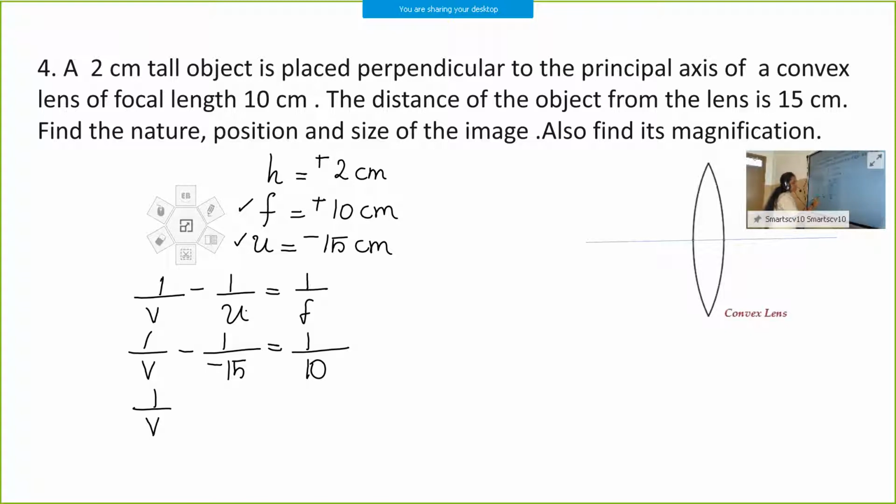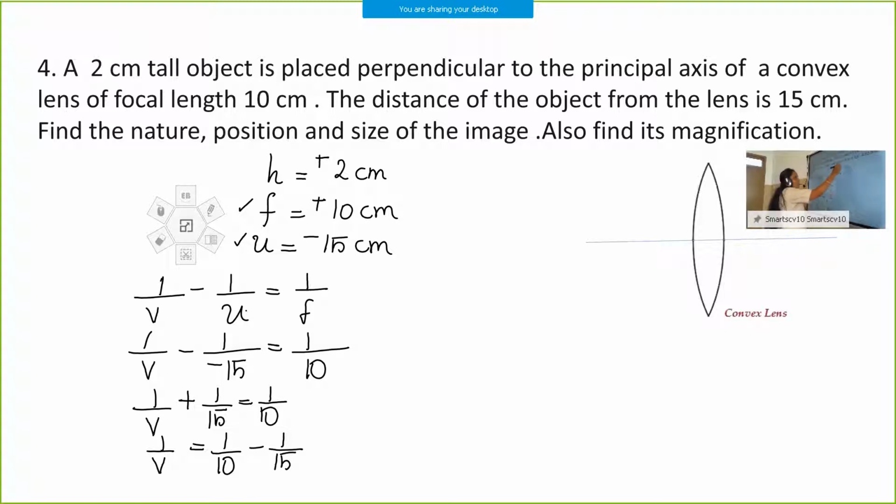This minus and minus will become plus. So plus 1 by 15 is equal to 1 by 10. So what is 1 by v? 1 by v is equal to 1 by 10 minus 1 by 15. So when you take plus 1 by 15 to right hand side, it becomes minus 1 by 15.